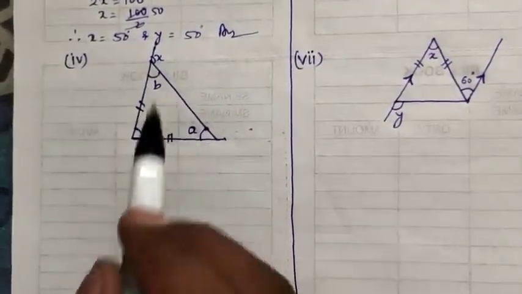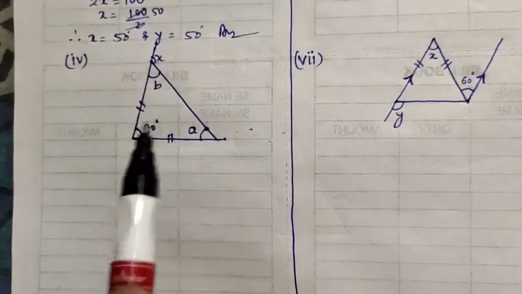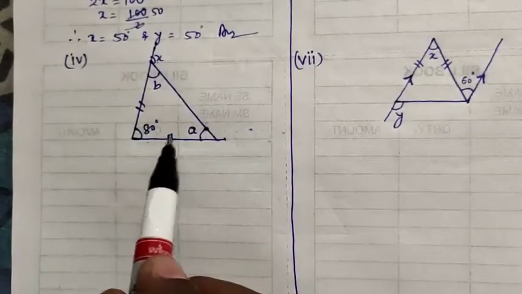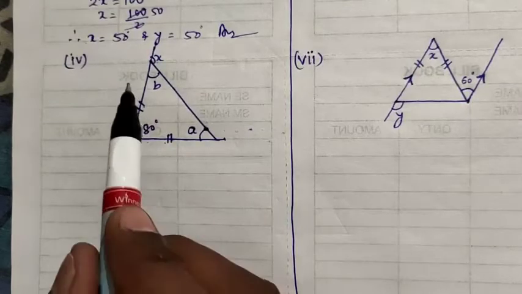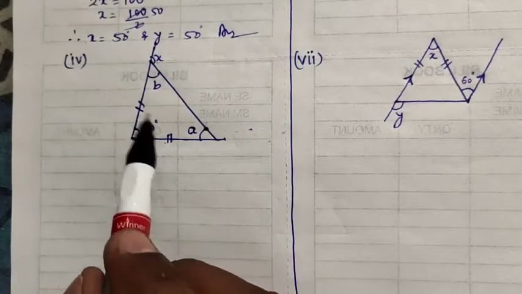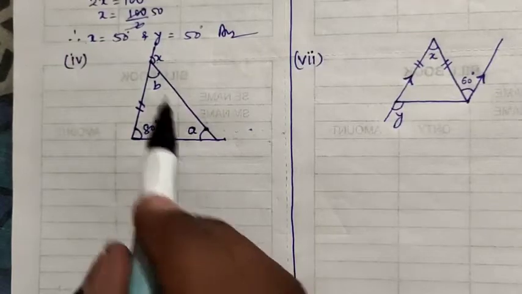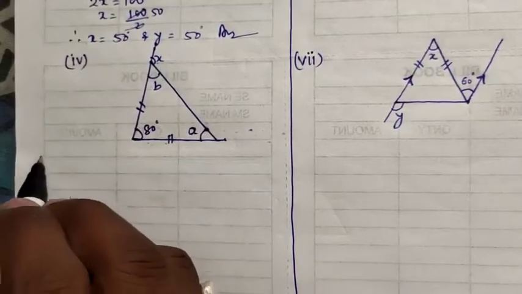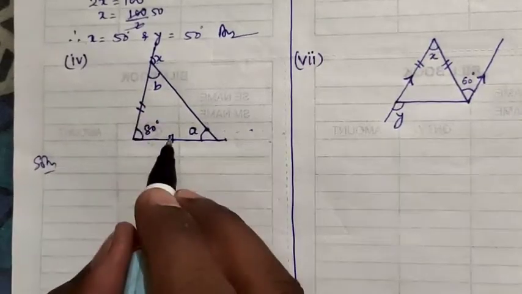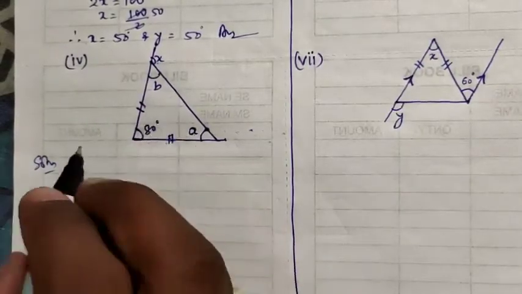Here also you can see the diagram. One exterior angle is given, and these two sides are equal. A, B, and 80 is the known angle, and we will solve it in a similar way. First we have to find A, B and x. First we will find A and B. Since in this triangle these two sides are equal, the base angles will be equal.